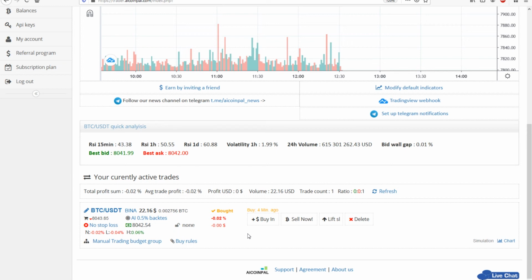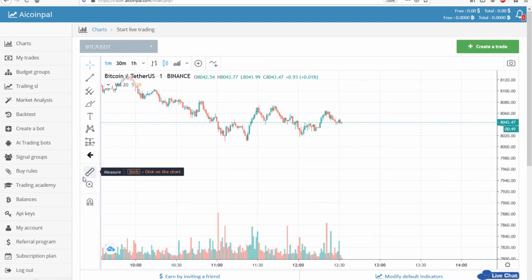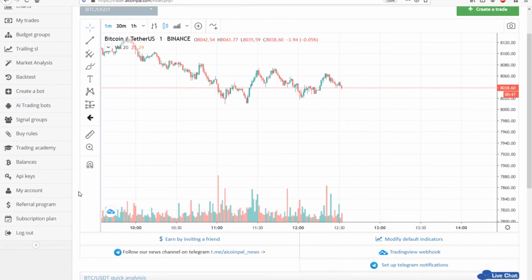So what the system offers to you is a fully automated trade following the rules that you have inputted. So you don't have to waste time watching the charts. You can input these rules and the system will follow these rules.